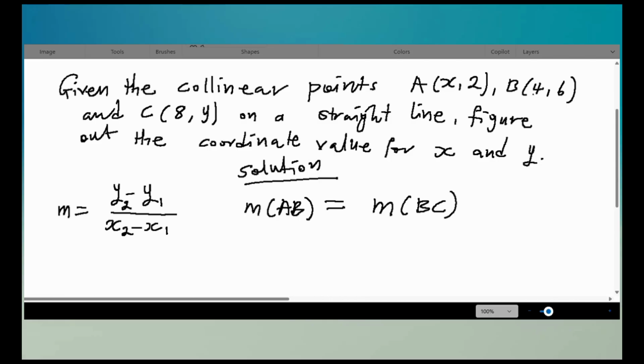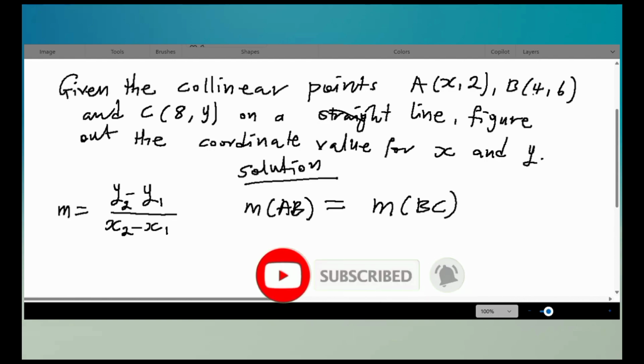So my x2 is going to be 4, and then the y2 would be 6, right? Alright.